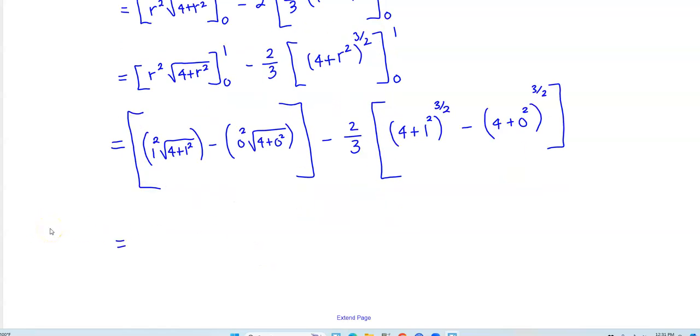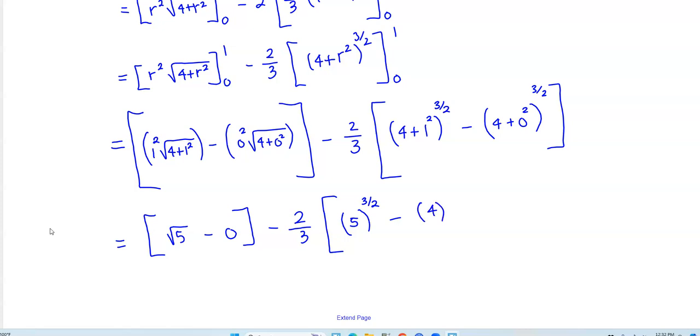Okay, so here we have 1 squared, which is 1, times 4 plus 1 squared, which is going to give us 5. So we have the square root of 5. And this is 0 times that, which is 0, minus 2/3. Okay, so we have 4 plus 1 squared, raised to the 3/2. Minus 4 plus 0 is going to be 4 raised to the 3/2.